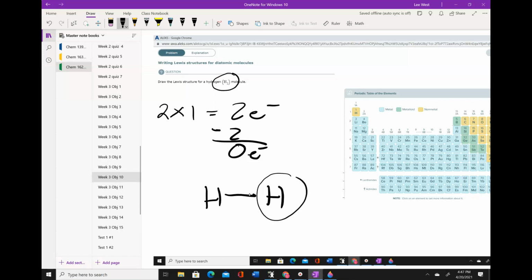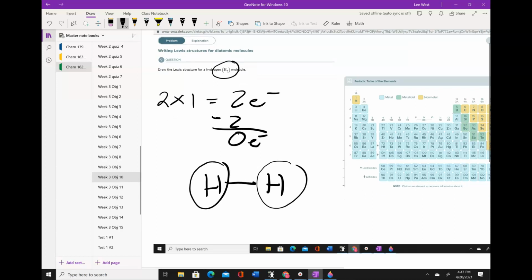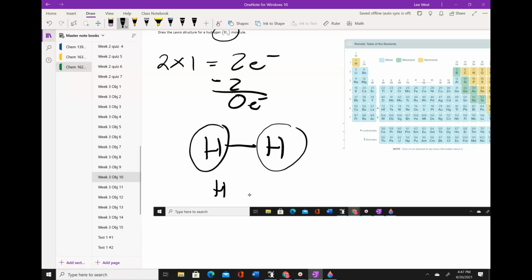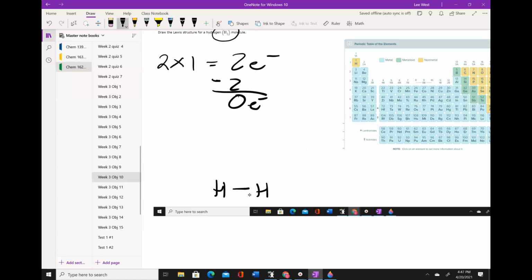And then I have to place any leftover electrons on my central atom. There aren't any, so nothing to do there. And then finally, I would convert lone pairs to bonds if any of my atoms didn't have a complete octet. Well, there are no lone pairs and every atom has a complete octet, or in this case, duet, because it's hydrogen. So there is my Lewis structure for the H2 molecule.